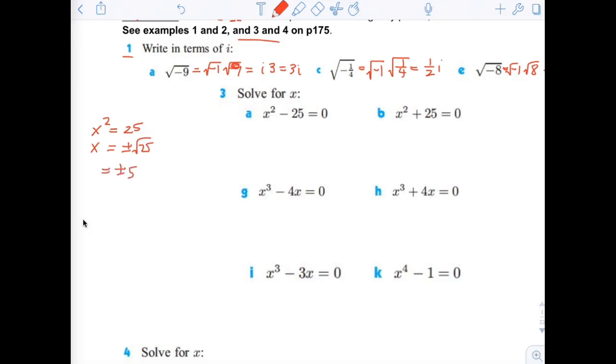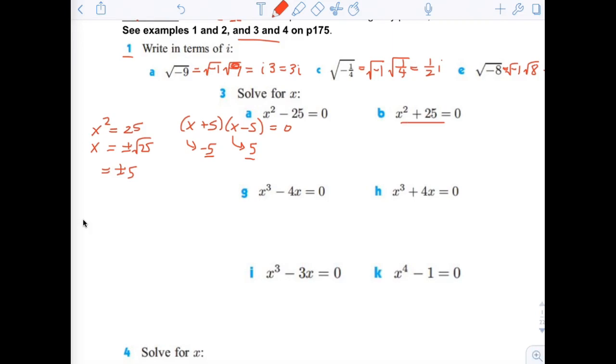The other way you could do it is you could say, okay, x squared minus 25 factors into x plus 5 times x minus 5. So the way that x plus 5 times x minus 5 would become 0 would be either x equals -5 or x equals +5. So either way we can get the two solutions, -5 and 5.